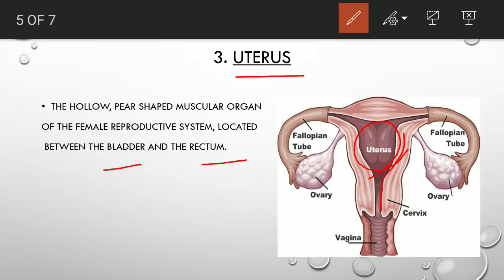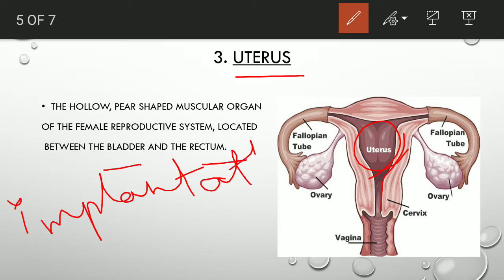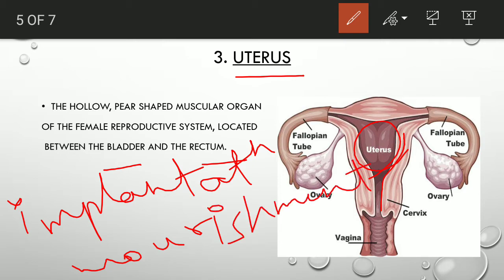The uterus plays an important role in human reproduction, that is, the organ where the implantation and nourishment of the fertilized ovum takes place, and it also helps push out the baby during birth through muscle contraction.